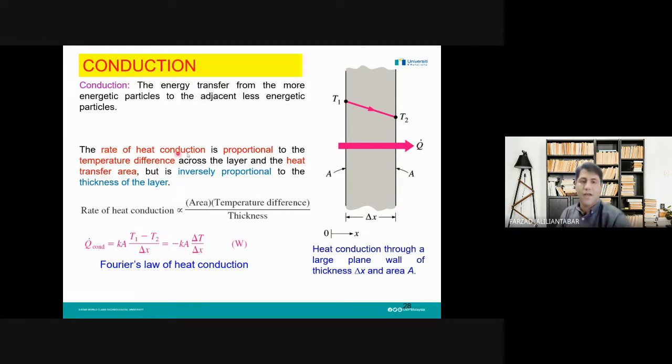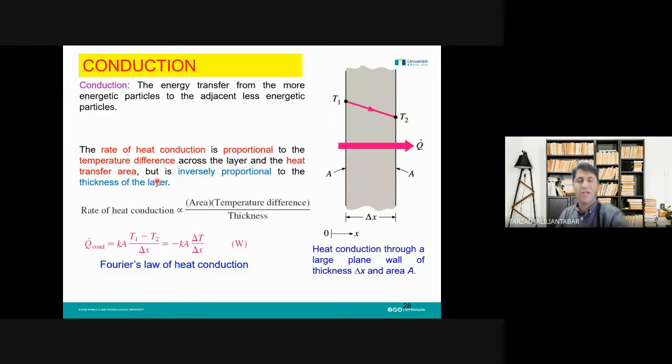And the rate of heat conduction is proportional to the temperature difference across the layer, T1 and T2, and also the heat transfer area, the area through which heat is transferred. But it is inversely proportional to the thickness of the layer.